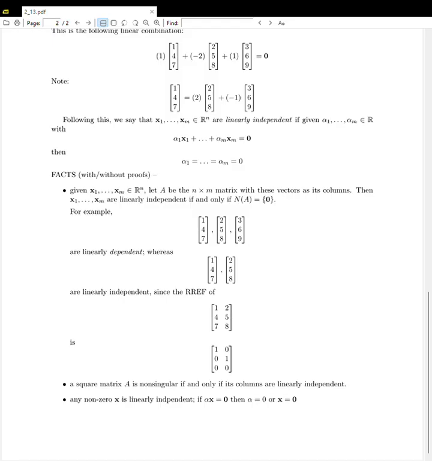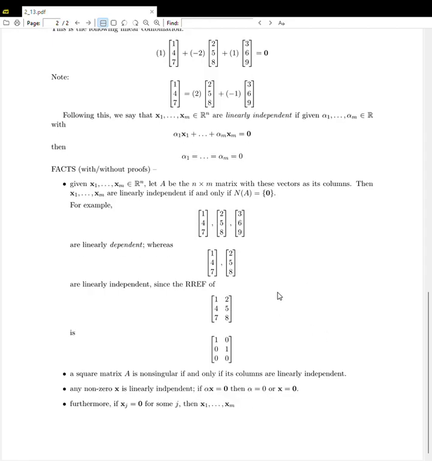And following that, a single element is linearly independent precisely when the element is non-zero. So following that, if one of your elements is equal to 0, then what you have is linearly dependent.